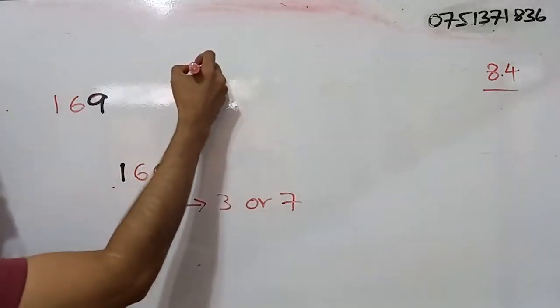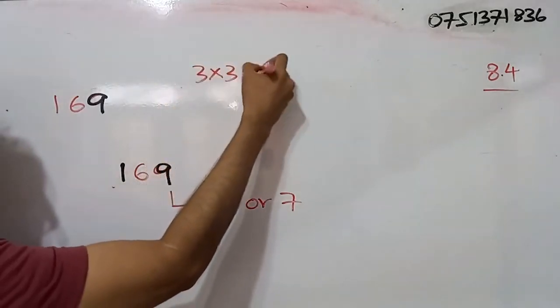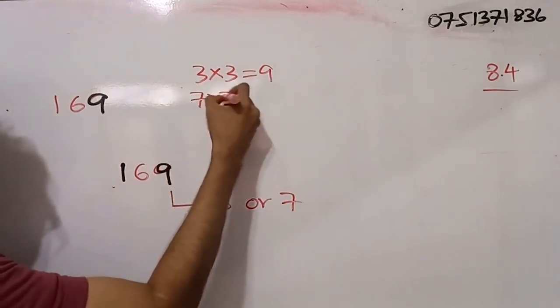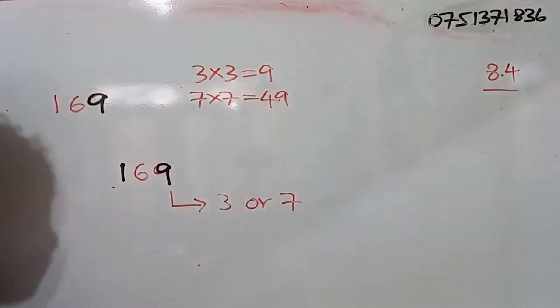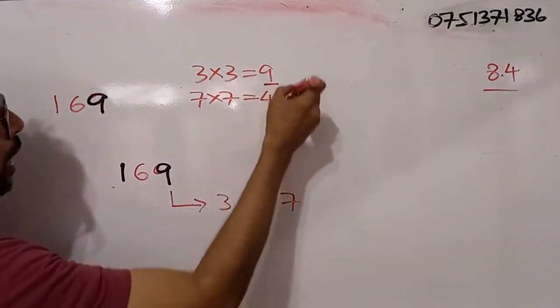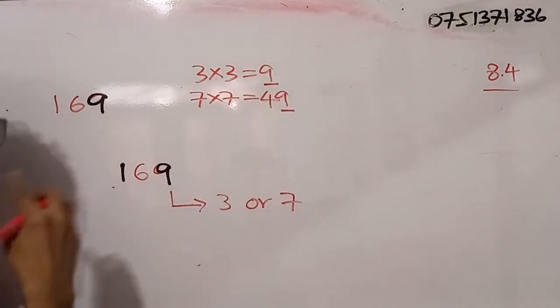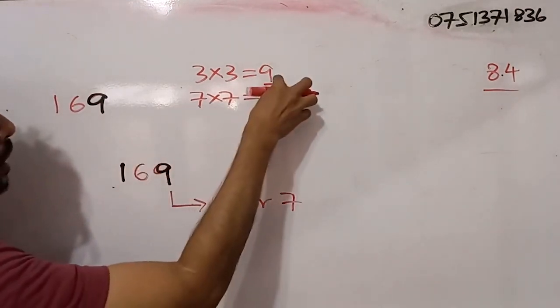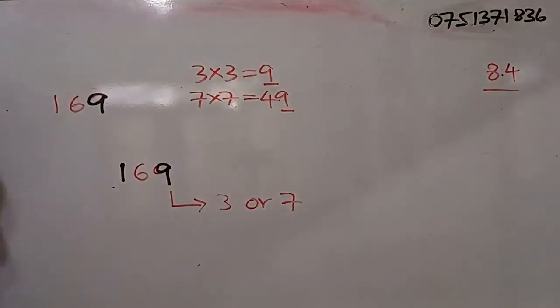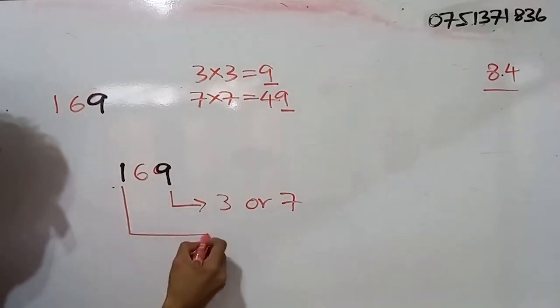Why? We know that 3 into 3 is 9. In the same way, 7 into 7 is 49. So if you take a look at the outcome, here the digit on the ones place is 9. Here also the digit on the ones place is 9.